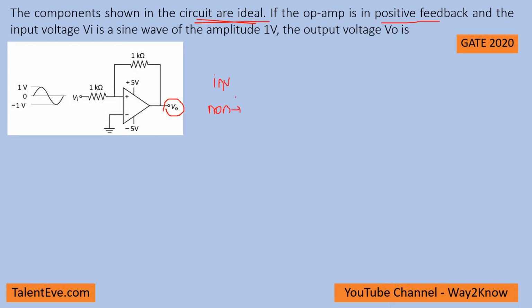The basic difference is that in the inverting configuration, the op-amp applies a specific gain, and the output stabilizes at a voltage multiplied by the gain of Rf by R1. Whereas if you take a non-inverting input, we know that the gain is 1 plus Rf by R1.